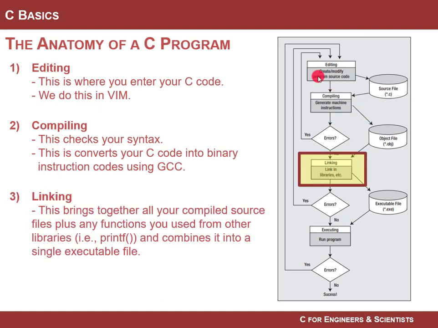Then the next process is called linking. Linking is where you bring in any other files that are needed for your program. Sometimes you have files that you created, like maybe you broke your program into multiple files, and you need to tell the main file where the other ones are. You also have built-in header files from C that allow you to bring in more functionality into your main program.